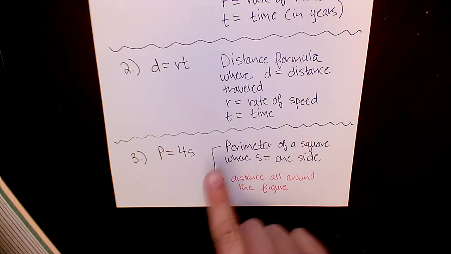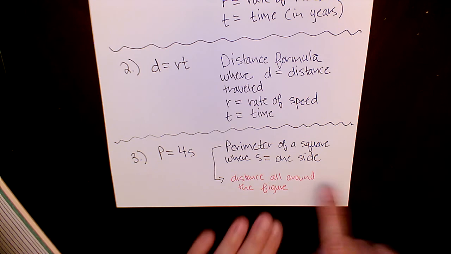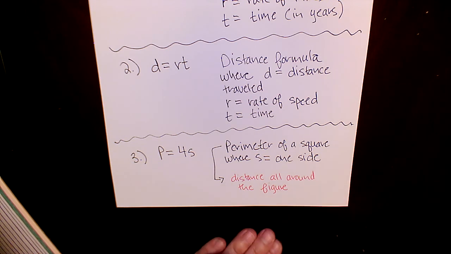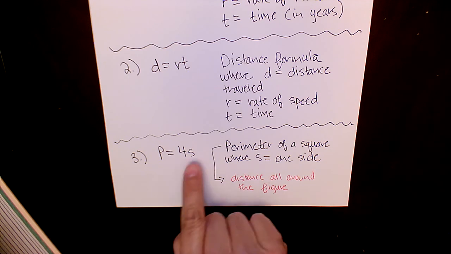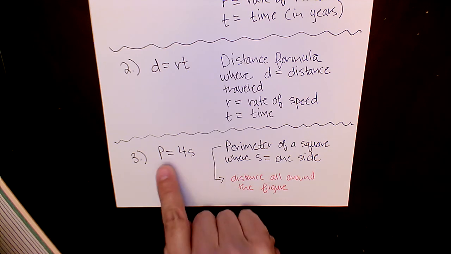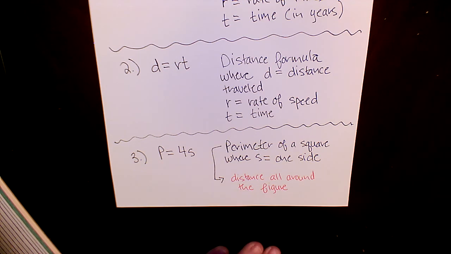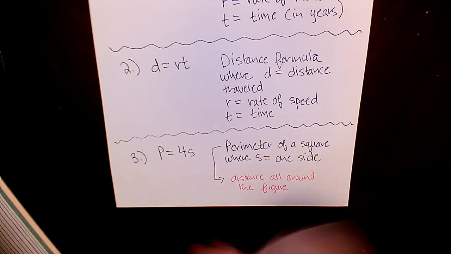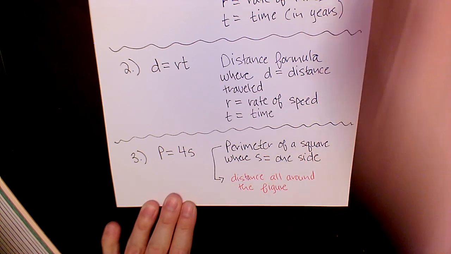Perimeter is just adding up all around the square. So if you know one side of the square, you can multiply that by 4 and get the total perimeter. Okay, we good so far? I'm going to keep going.